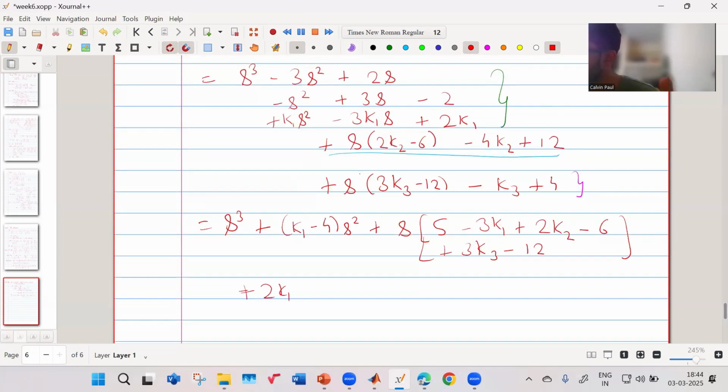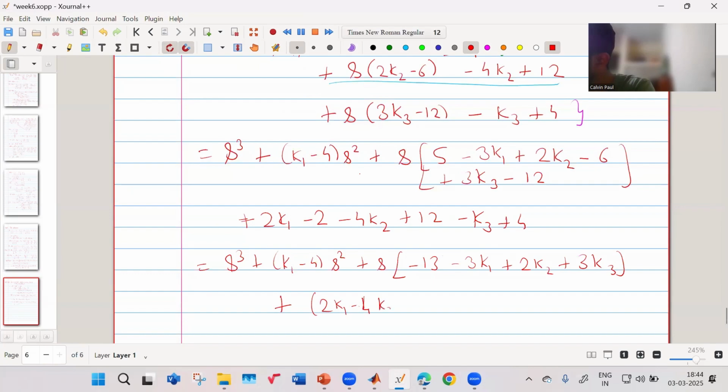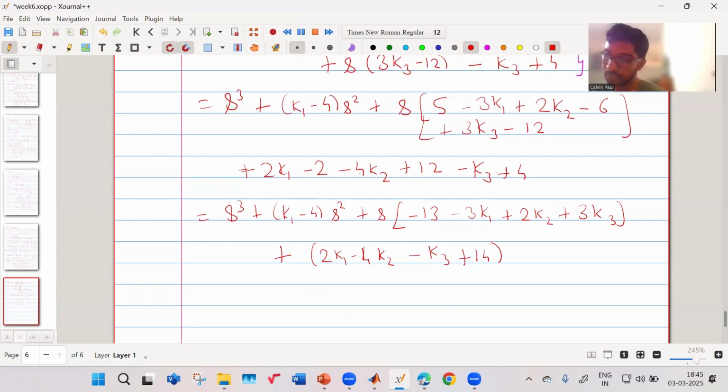So it equals s³ + (K1 − 4)s² + s(5 − 6 is −1, −12 is −13, −3K1 + 2K2 + 3K3) + (2K1 − 4K2 − K3 + 12 − 2 is +10, +4 is 14). Okay, so this is the equation which we get.